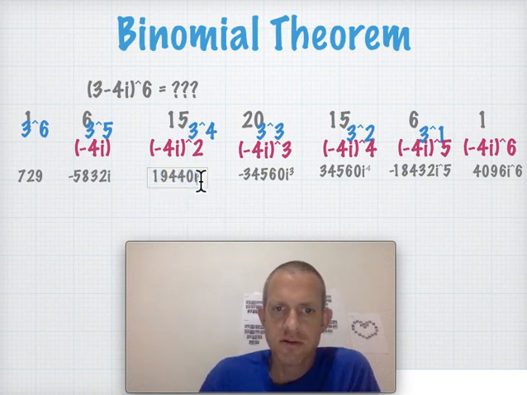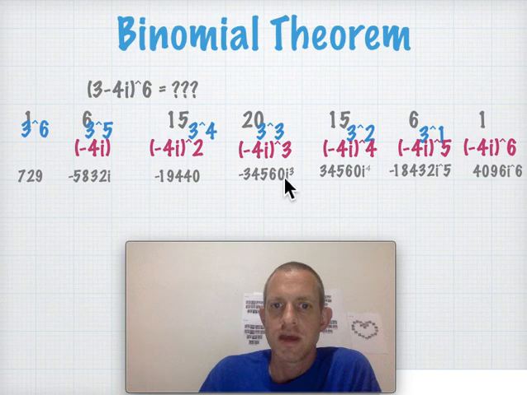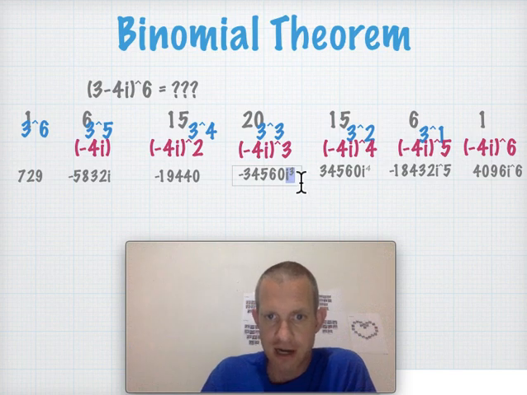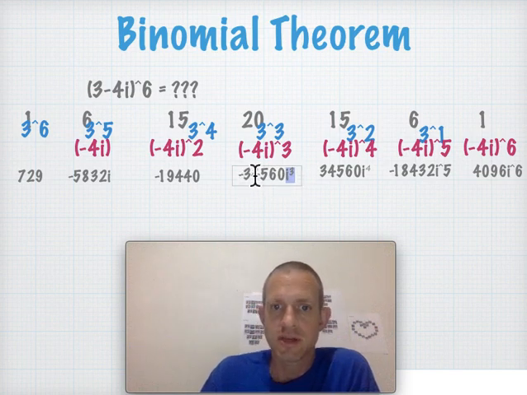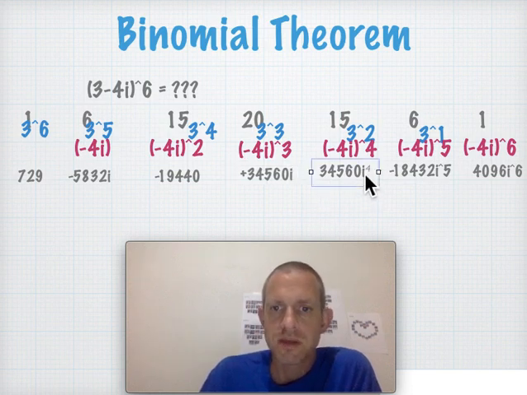Remember, i squared is the same thing as negative 1, and so I can replace i squared with negative 1. And i cubed is the same thing as negative i. And so a negative i times a negative 1 that's in the beginning means that this is a positive imaginary term. i to the 4th, remember, is just 1.